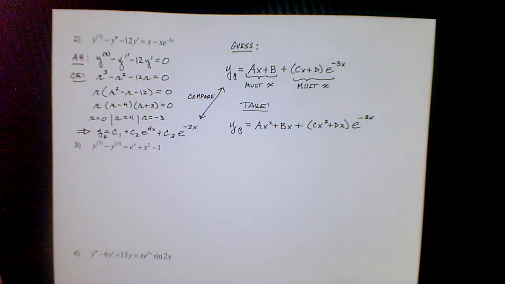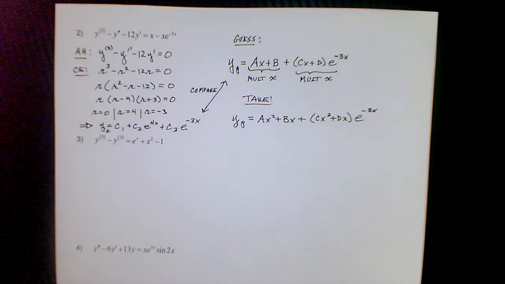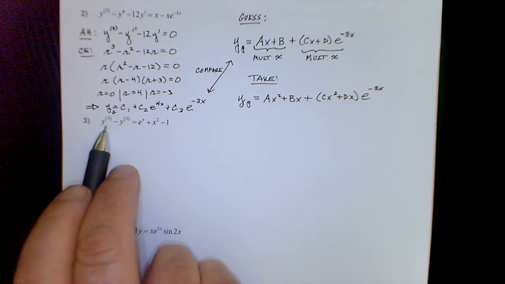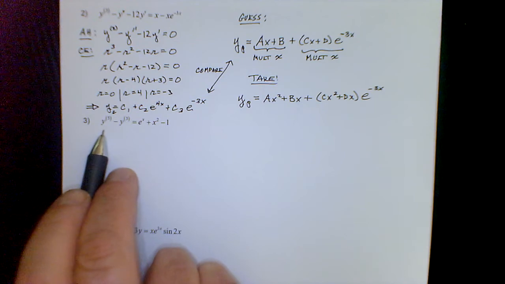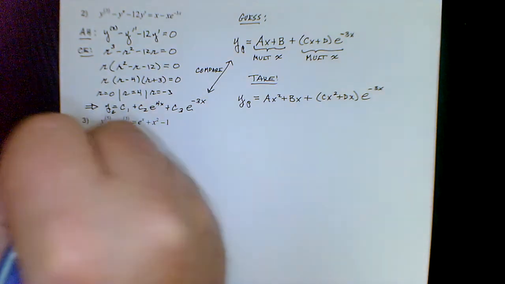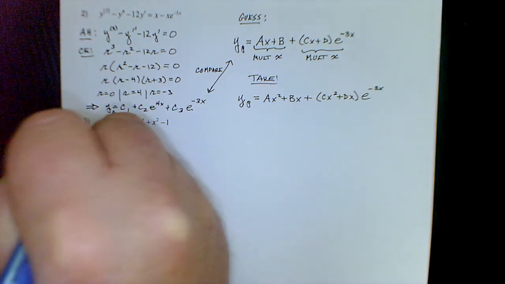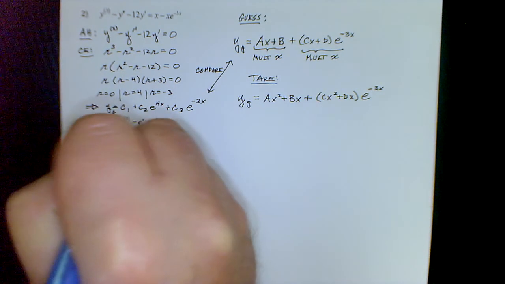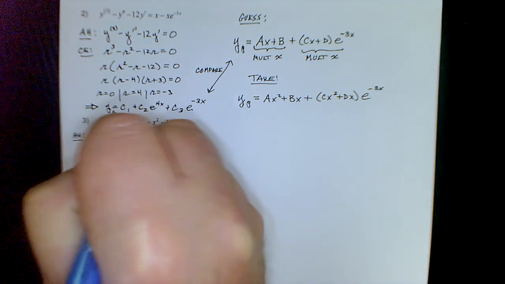Okay, moving on. Here we've got y to the 5th minus y cubed. Excuse me, it's not y to the 5th. It's the 5th derivative of y minus the 3rd derivative of y. So the associated homogeneous is that set equal to 0.